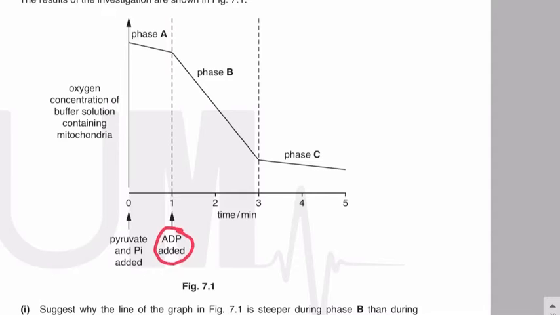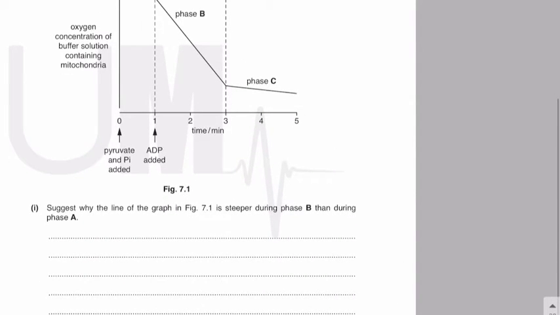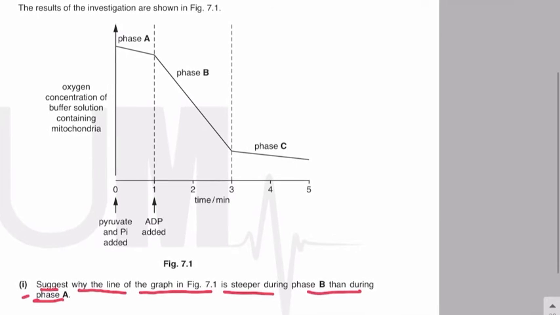Part 1 suggests why the line of the graph in figure 7.1 is steeper during phase B than during phase A. So they are asking for the explanation of why the line during phase B is steeper as compared to the line in phase A. We can see, guys, that in phase A, oxygen concentration falls, but there's only a very little fall.